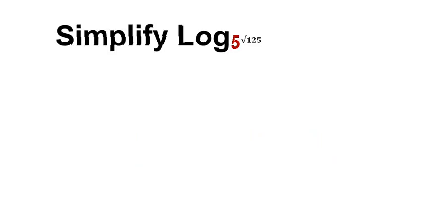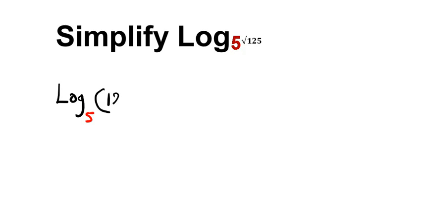Here we have, simplify logarithm of square root of 125 to base 5. So we can rewrite it as log to base 5 of 125 raised to power 1 over 2, or half, which is going to be equal to, then this half is going to multiply the whole logarithm.